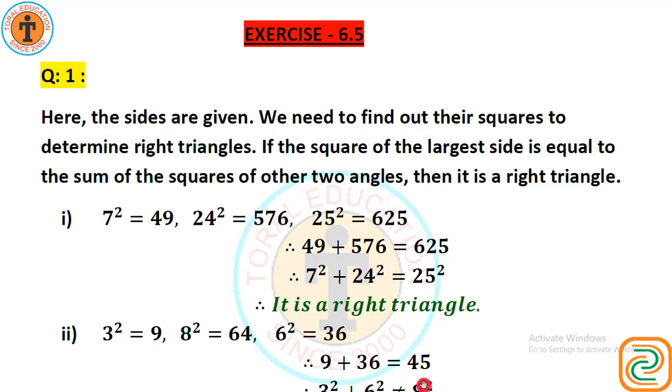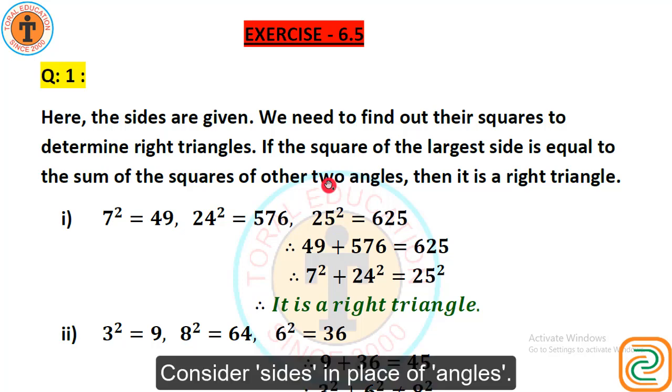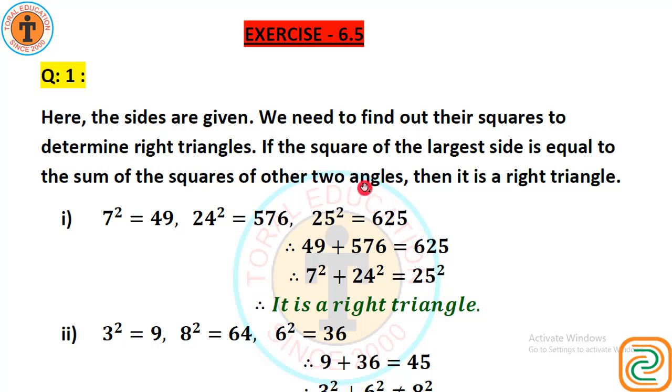So first sum, sides are given. We need to find out the squares to determine right triangles. If the square of the largest side is equal to the sum of the squares of the other two sides, not angles, then it is a right triangle.